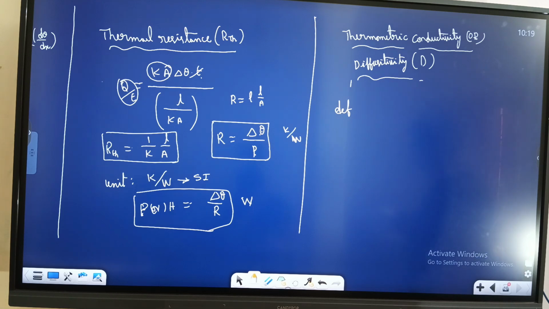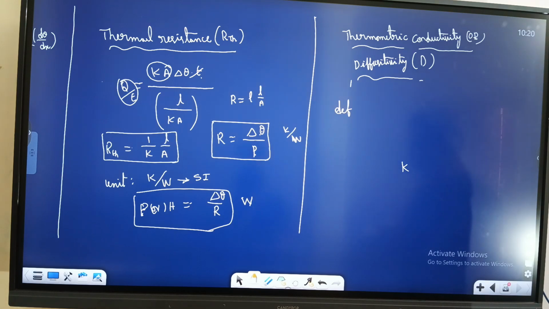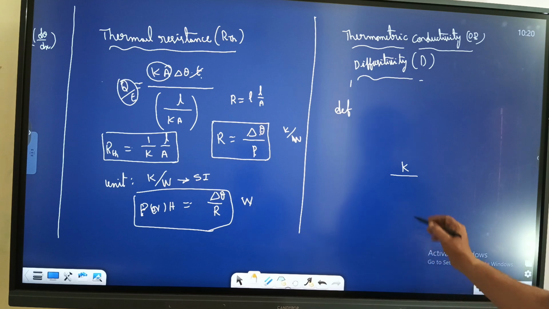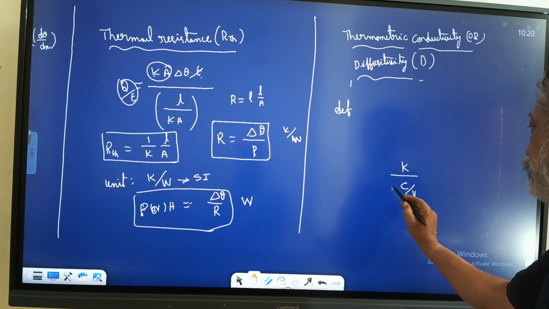Diffusivity is defined as the ratio of the coefficient of thermal conductivity to the thermal capacity per unit volume.